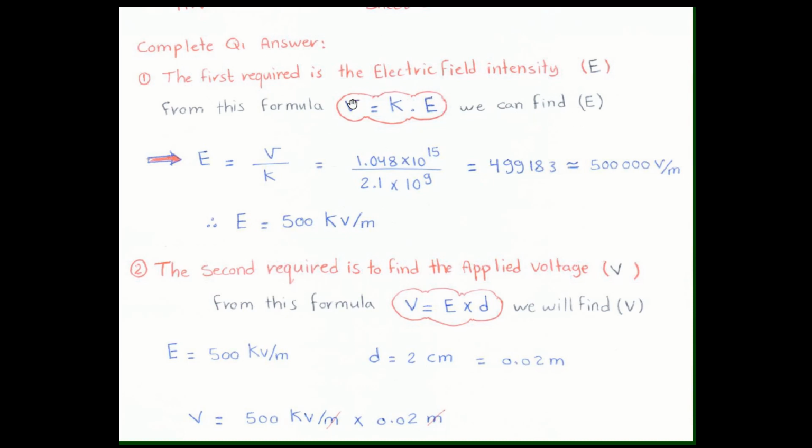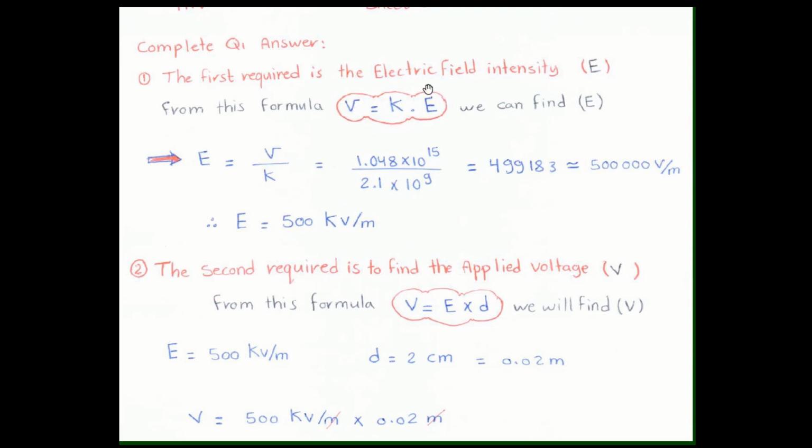This is the velocity, this is the proportional constant, and this is the electric field. This is what we are required to find. We have the value of the proportional constant and the value of the velocity.